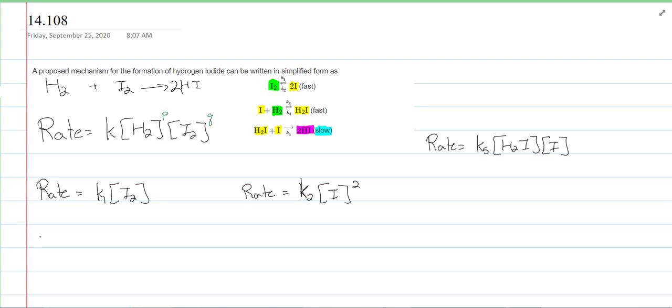For the second step, we got rate equals K3, concentration of I times concentration of H2, and rate equals K4 times the concentration of H2I. So we have the forward reactions and the reverse reactions.